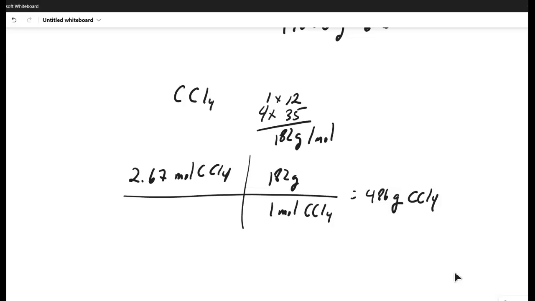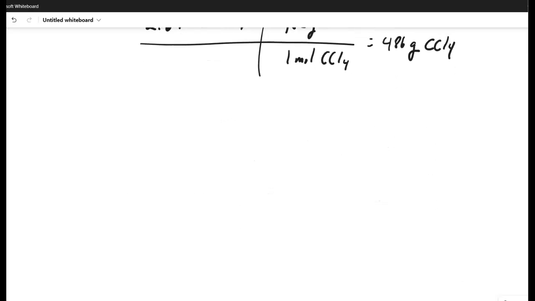Let's do one where we have to look at the number of atoms in a certain chemical compound. For that, if we're going from grams to moles, that's easy enough to do. We just have to divide by the molar mass. But then when we go from moles to molecules, we have to multiply by Avogadro's number.